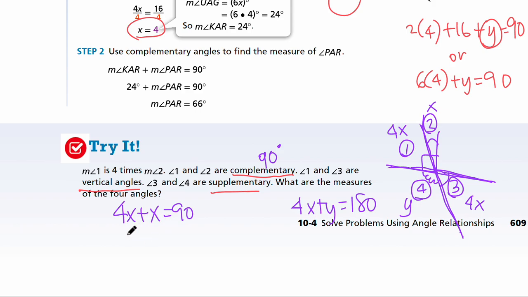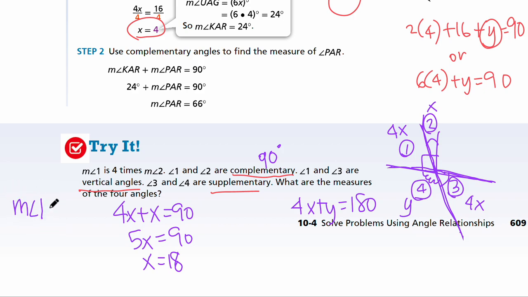Let's solve for x first here. That's going to be 5x equals 90. x is equal to 90 divided by 5, which is 18. So the measure of angle 2 is 18. Let's write that down.